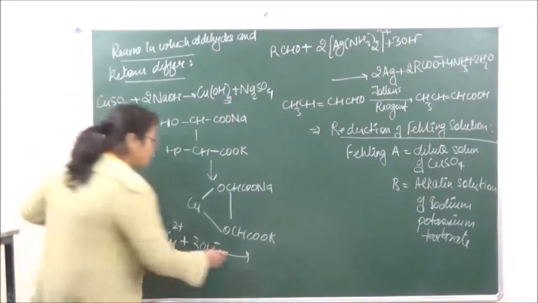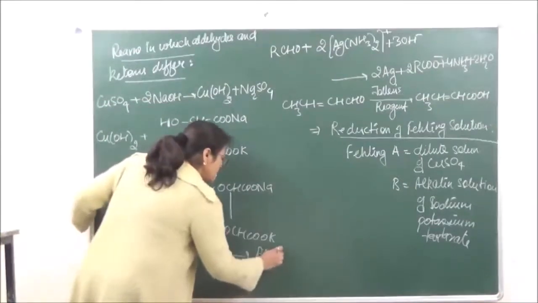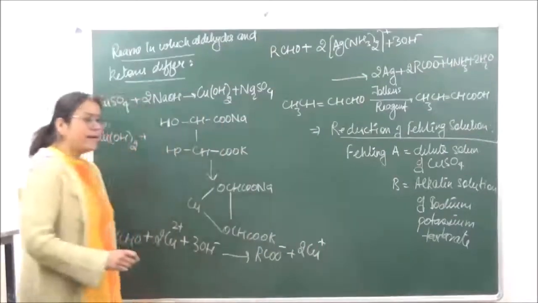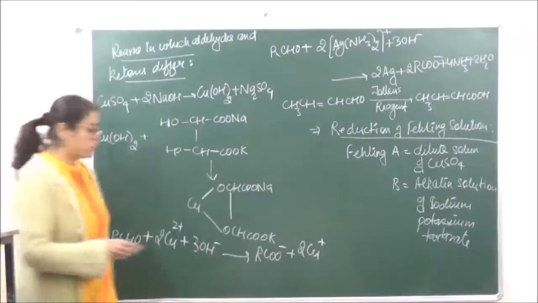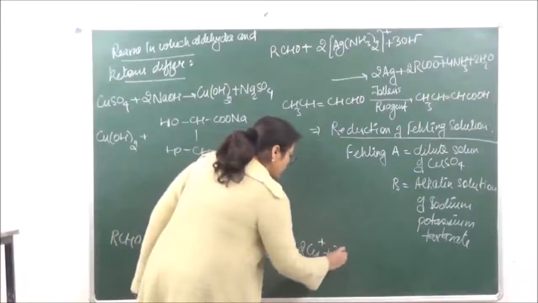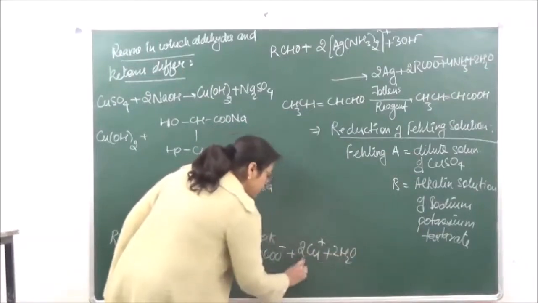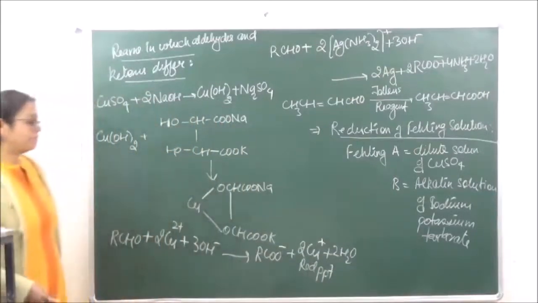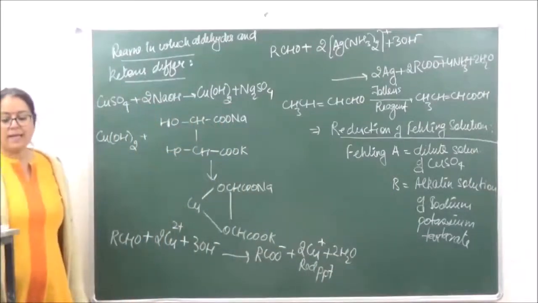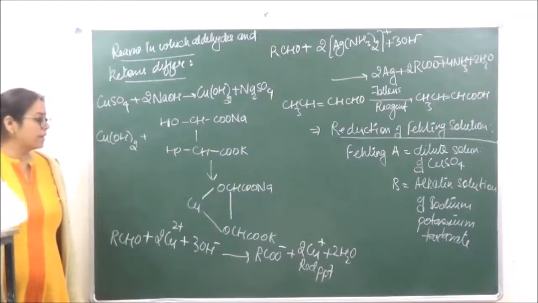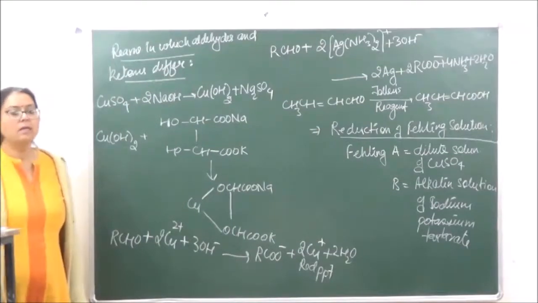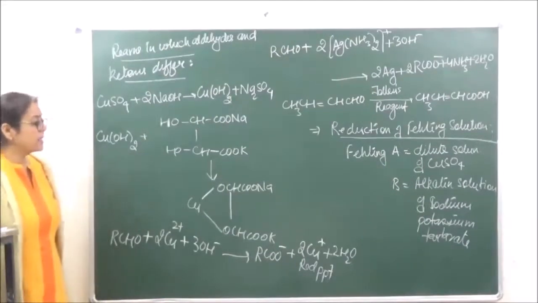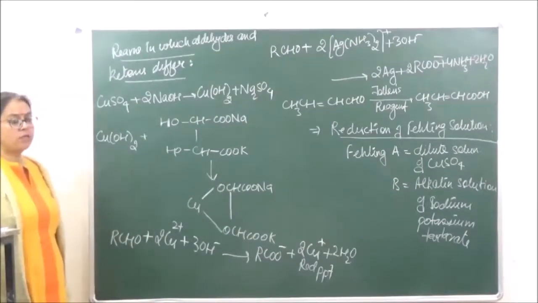So we have RCOO- plus 2Cu+, the reddish precipitate which we are going to get, and plus 2H2O. So this reddish precipitate confirms the presence of the aldehydic group. Again I will say that this is not going to give us the test for ketones.